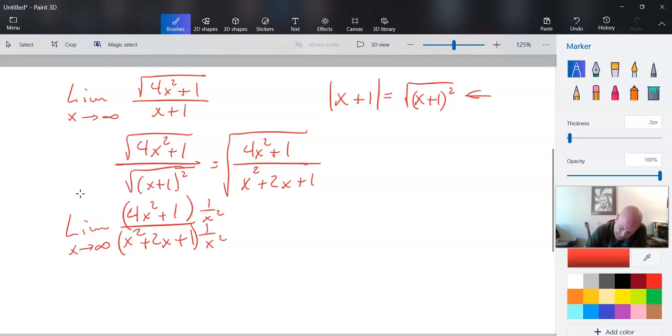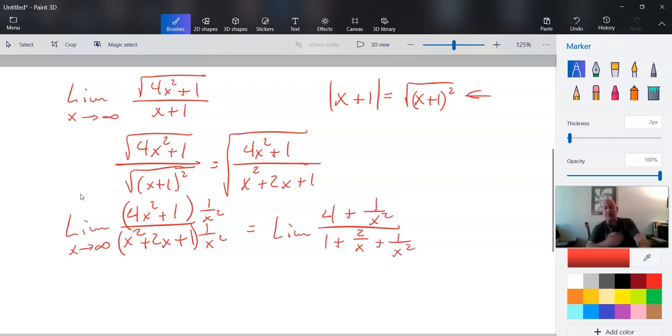So that will give me, this is now the limit of 4 plus 1 over x squared over 1 plus 2 over x plus 1 over x squared. You notice I took out all the simplification and stuff like that. I'm leaving that for you from here on.